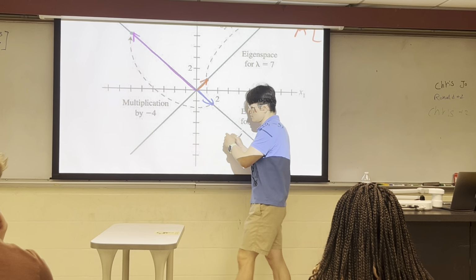Subtract. Yes, A minus 2I. What is it? Is it right? Everything's the same. The entries not on the diagonal are going to stay the same, and only the diagonal entries are going to be subtracted by 2, right? Okay, so this is the matrix.